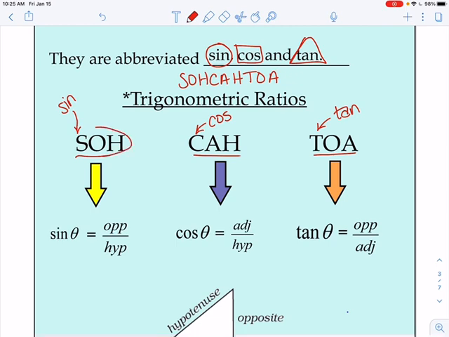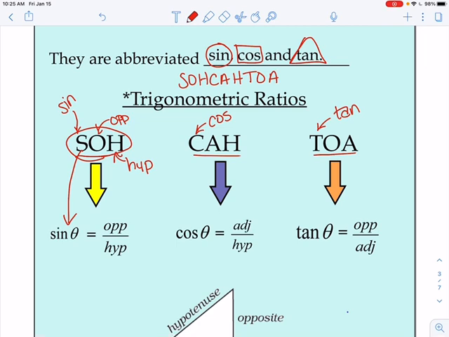Okay, so what does this really mean? The sine of theta, the sine of your angle, is going to be equal to the letter O, which stands for opposite, and the H stands for hypotenuse. So the sine of theta is going to equal the side opposite that angle divided by the hypotenuse.